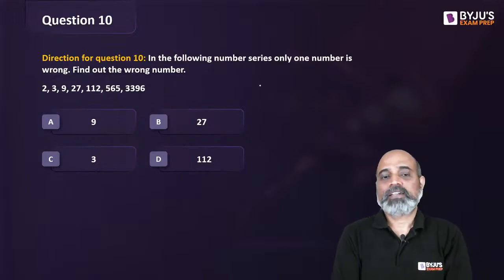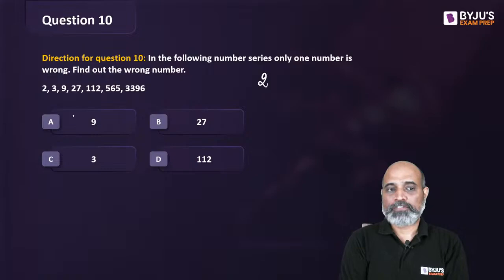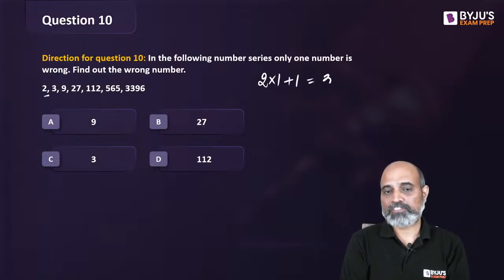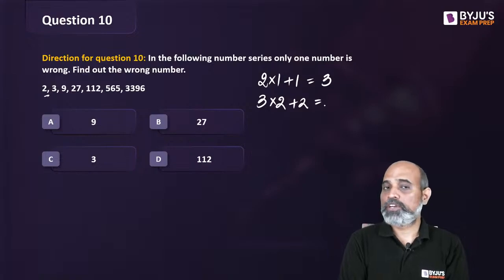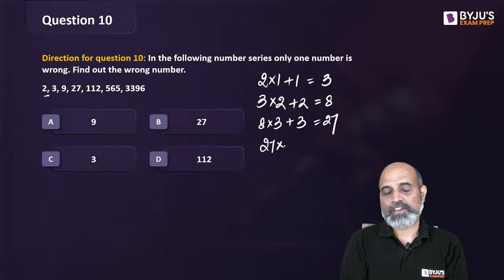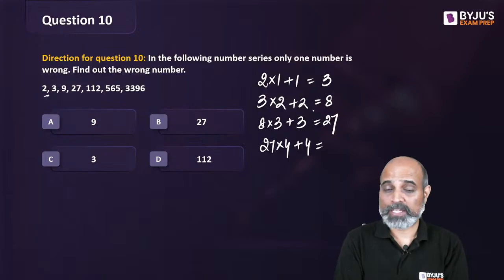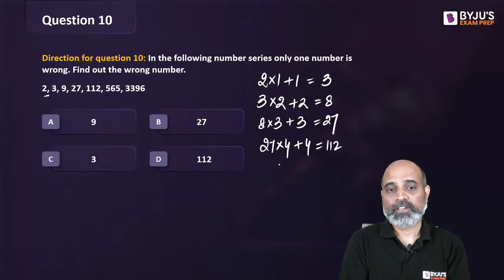Look, it is like this. If I take the first number 2, multiply it by 1 and add 1, this will give me 3, the next number. Now if you double 3 and add 2, this is going to give me 8. 8 triple and then add 3, this is going to give you 27. 27 times 4 plus 4: 27 into 4 is 108, plus 4 is 112. 112 into 5 plus 5.